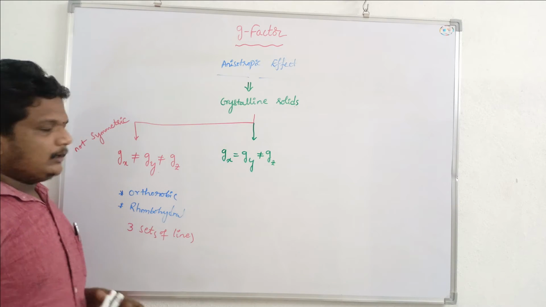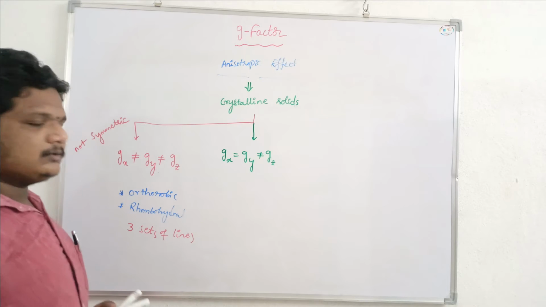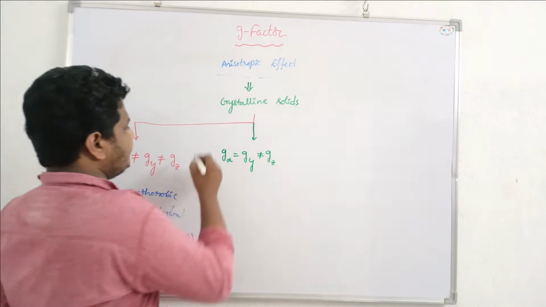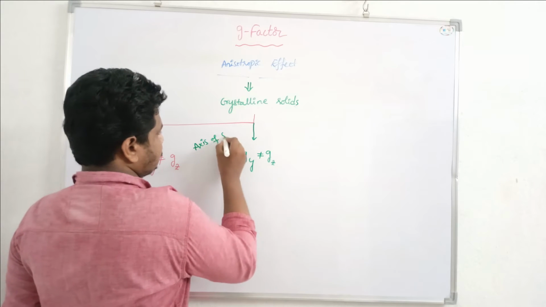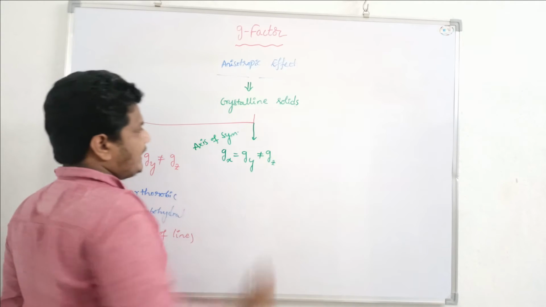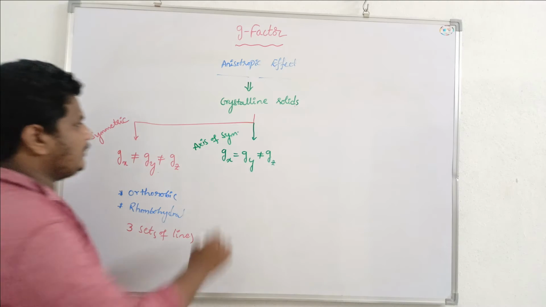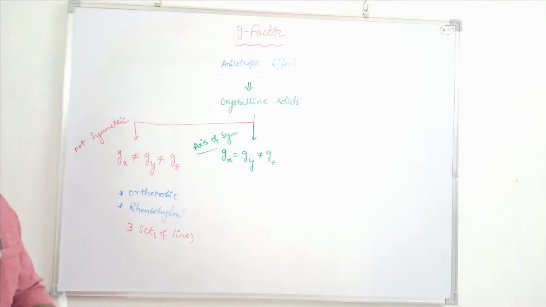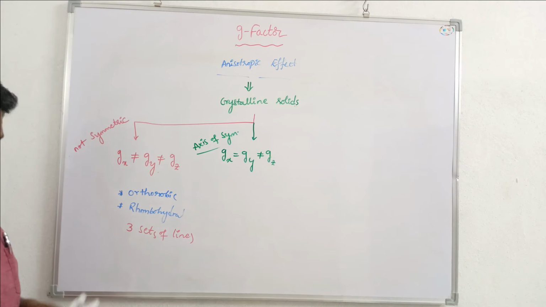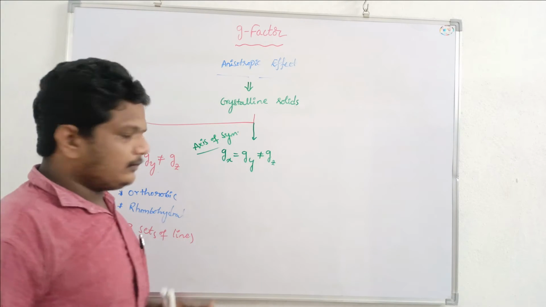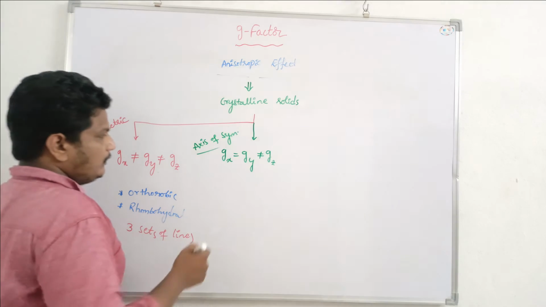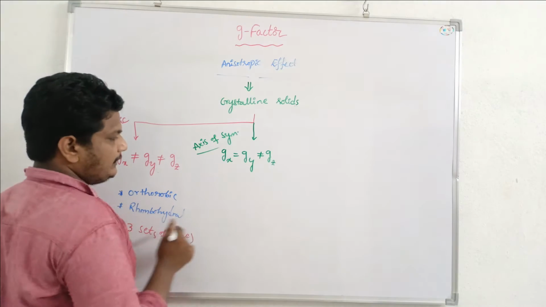In this case, these kinds of molecules have an axis of symmetry. Three kinds of geometries exhibit this situation, with two kinds of g values.